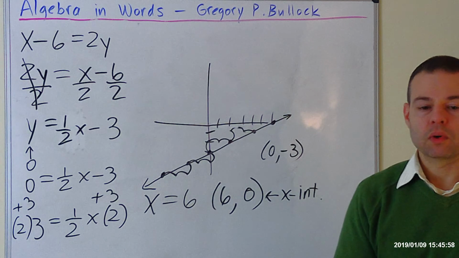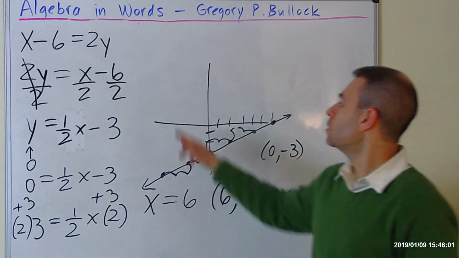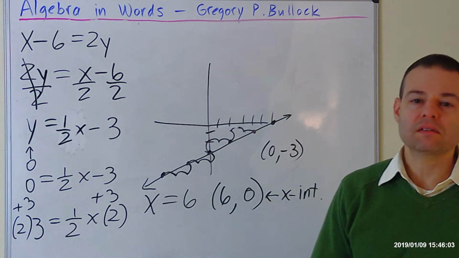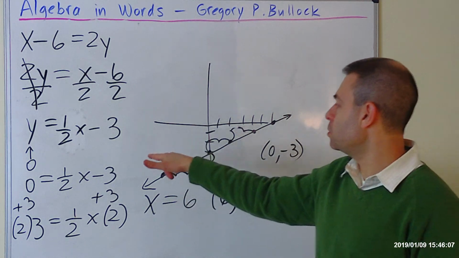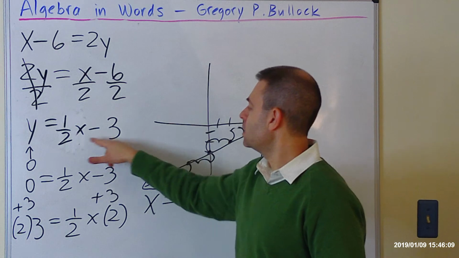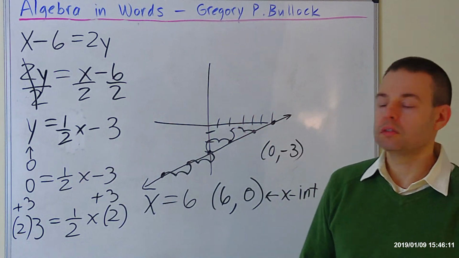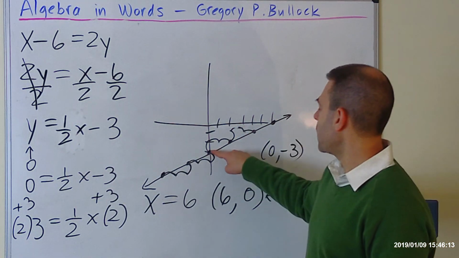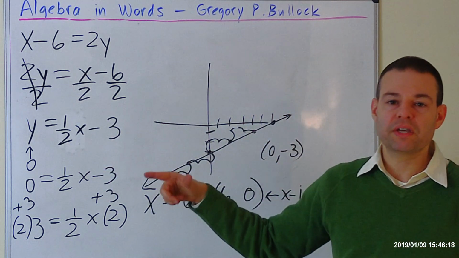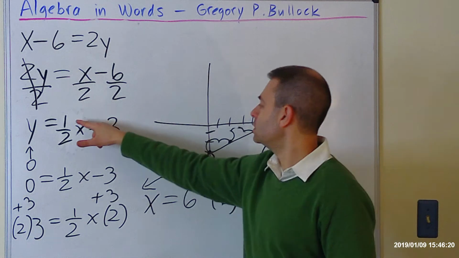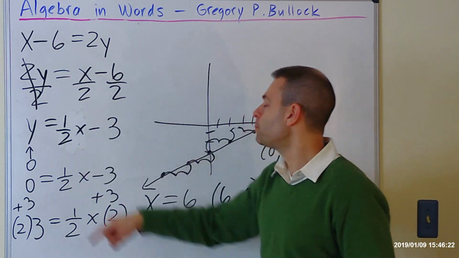So let's summarize what we did in this last problem. Well, we had a problem that wasn't quite in slope-intercept form. We converted it to slope-intercept form, and then we used the details, the y-intercept and the slope. We also learned how, starting at the y-intercept with a positive slope, to go in the reverse direction to get additional points by going down 1 to the left 2.